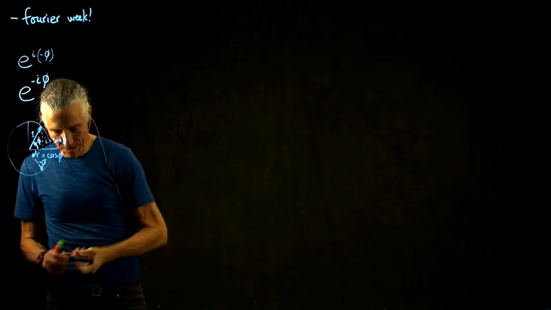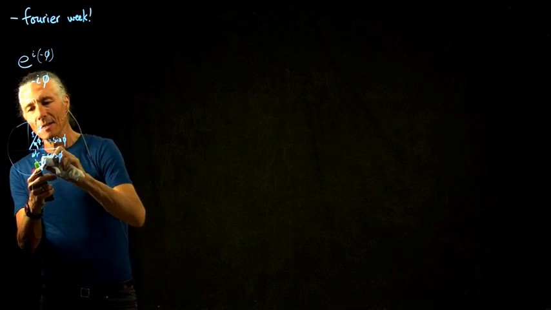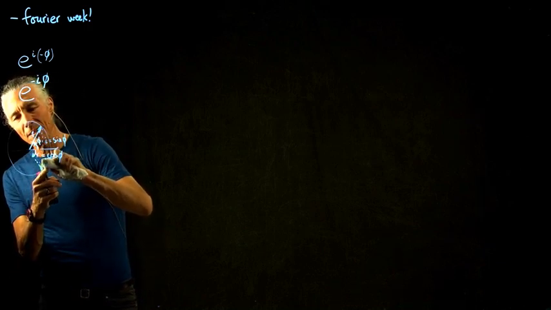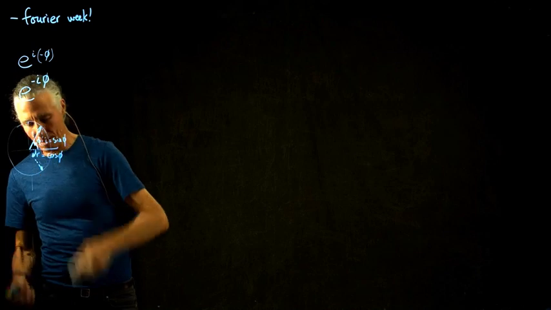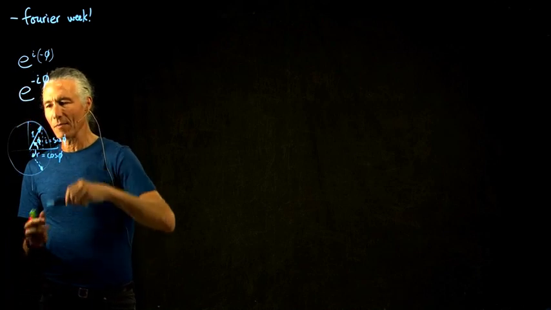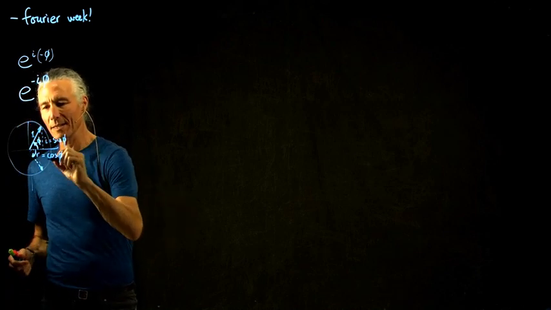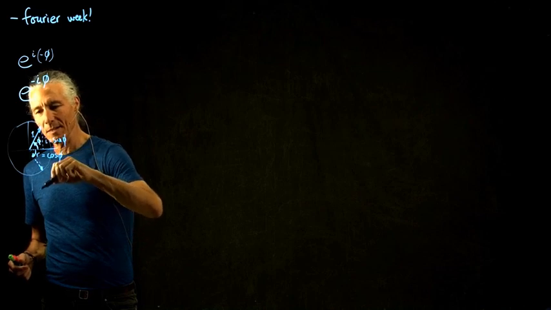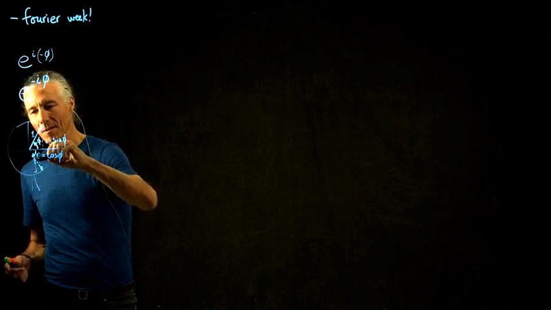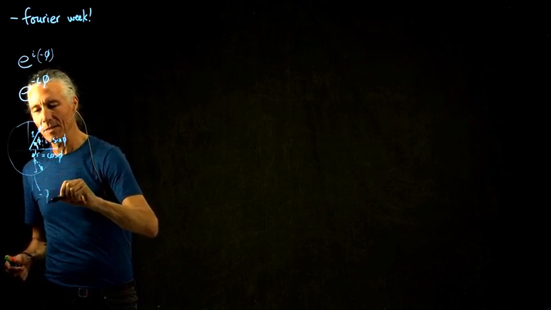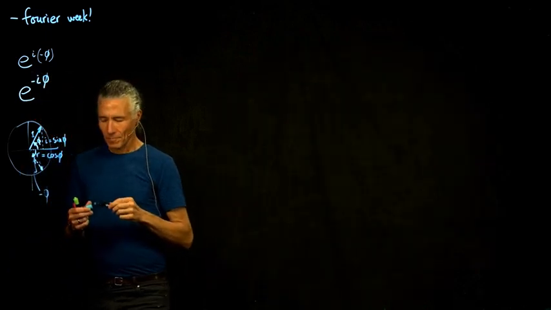Sorry, I got a little bit too many things in there. The minus just flips the angle around the x-axis, around the real axis. So this guy is minus phi.